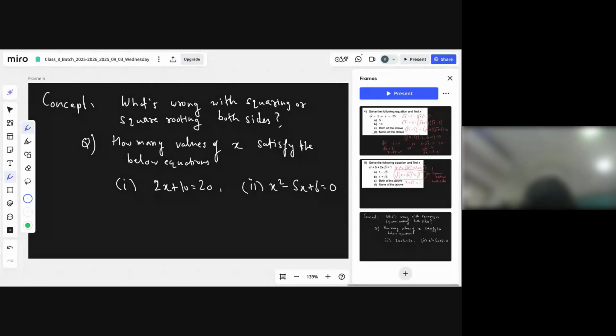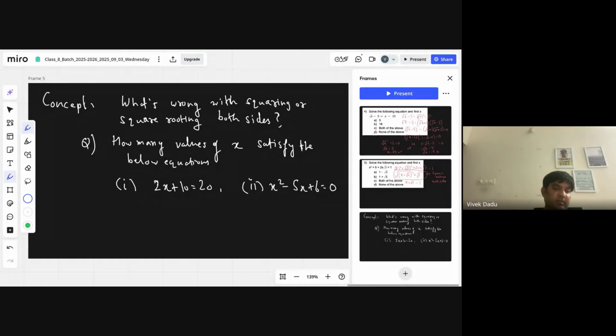Sir, I send the second one. Correct, Ashrita. Correct, Viram. Sara, why are you doing by hit and trial? You've forgotten the factorization.